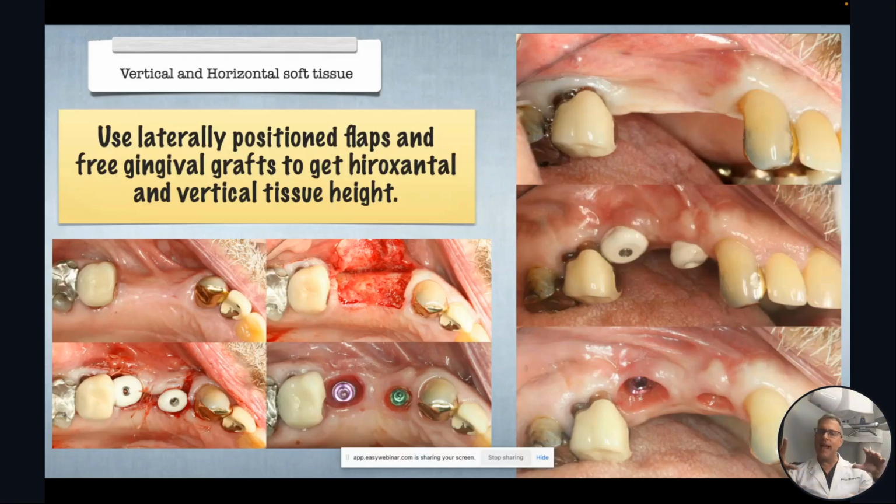And then I used anatomic healing abutments. These are called Contour Healer, and you can purchase them at contourhealer.com or Benco, Patterson, or Schein. They all sell them. And so I propped that flap up. And you can see on the image on the lower right, we do have more attached tissue on the facial than where we started. And we have that 3 to 4 millimeters of depth of gingiva.